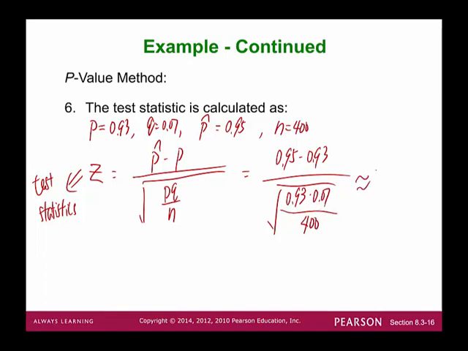Let's approximate it and run it through the calculator. This turned out to be approximately 1.57. We have the z-score to 2 decimal places.